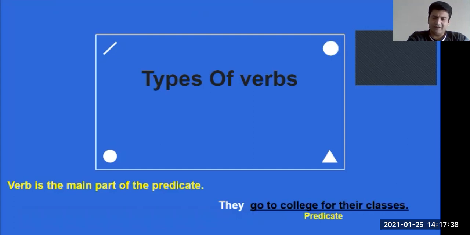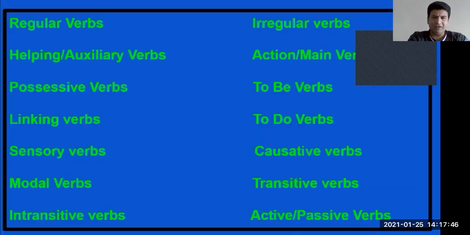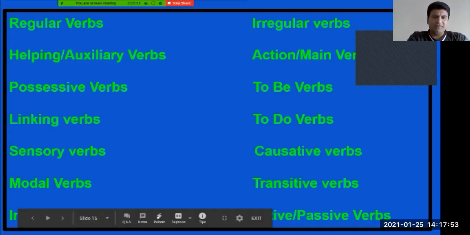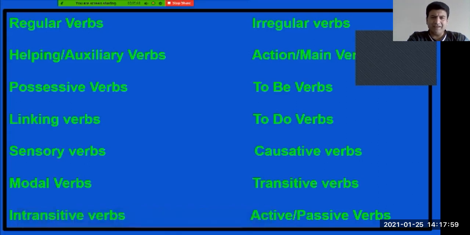So let's talk about the types of the verbs. There are different types of verbs according to their functions, according to their usage. So here we see the first one, regular verbs, and then irregular verbs, and there are helping or auxiliary verbs. Auxiliary is actually the synonym of helping verb.